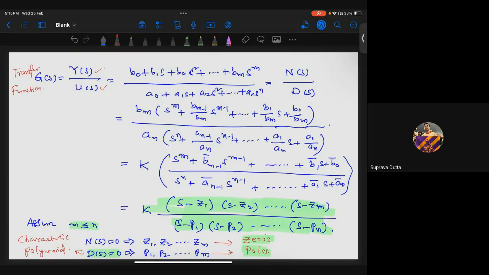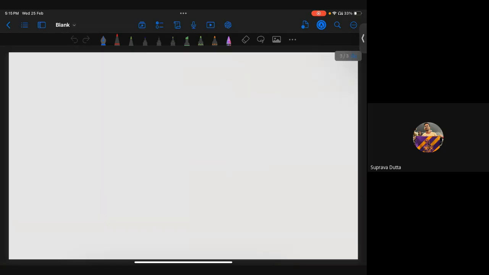No queries. Okay, now we'll start with simple functions. Let's say the transfer function G of s is 1 by s. Can you tell me the poles and zeros in this?